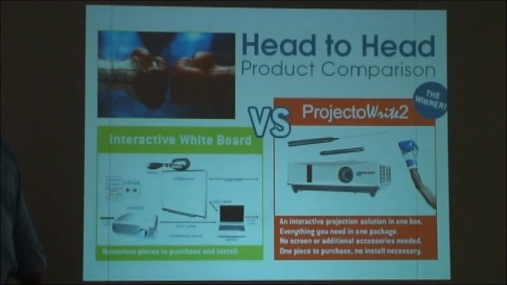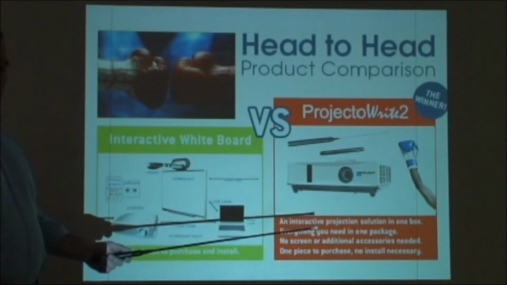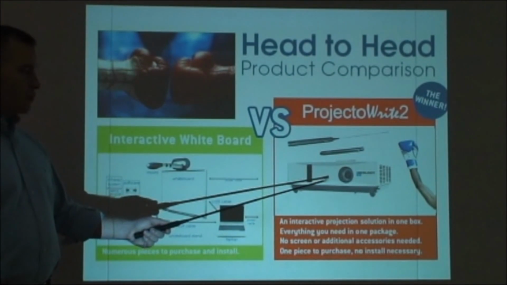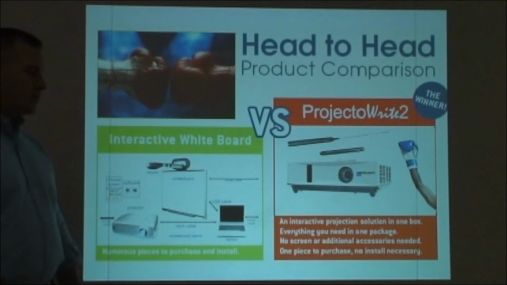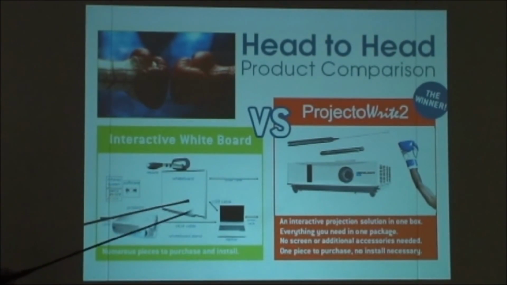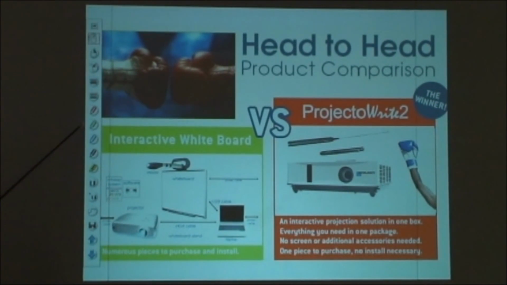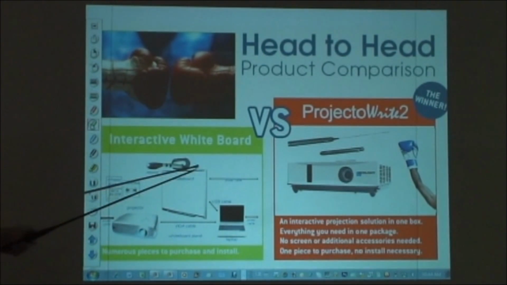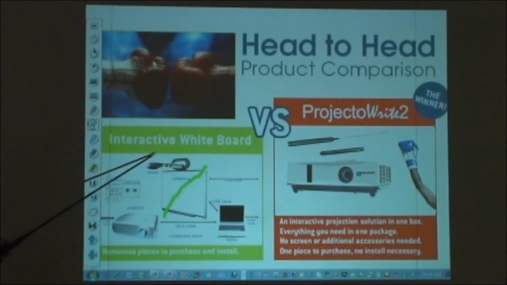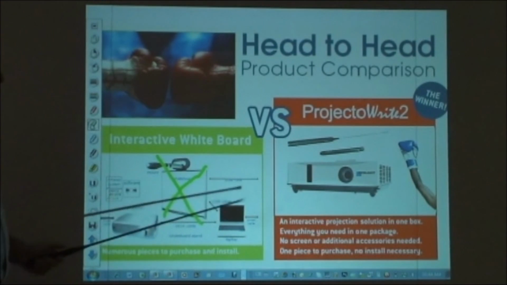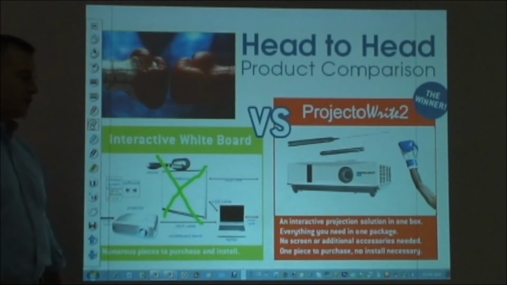To give you an example and to show you visually, if we take a look at the interactive projector, we talked about the actual interactive projector, the wand, and the writing utensil. As we go through to the actual interactive whiteboard, the big difference is there's a fixed whiteboard on interactive whiteboard that we do not need over in the interactive projector.